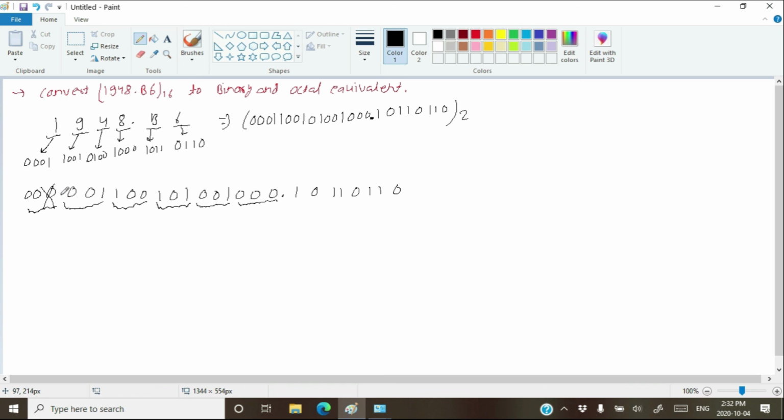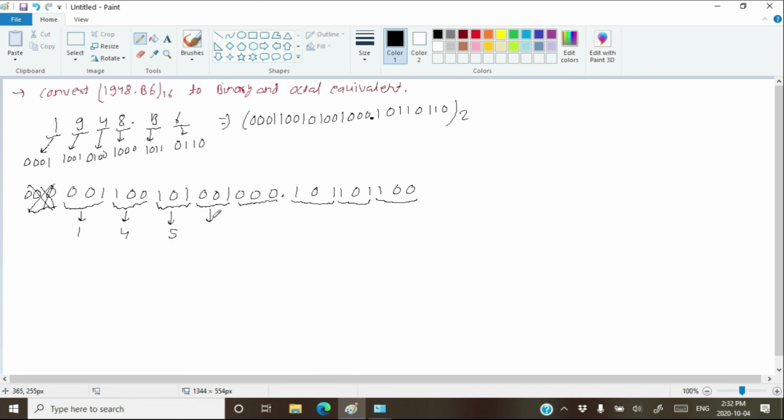It does not add any weight to the non-fractional part, so you can directly ignore it. Okay, the extra 0. Now take the groups of 3 bits in the fractional part from left to right, 1, 2 and the third one. To make the group size of 3, you just add 0 at right. Now we have ignored it, so we are not going to count this extra 0.